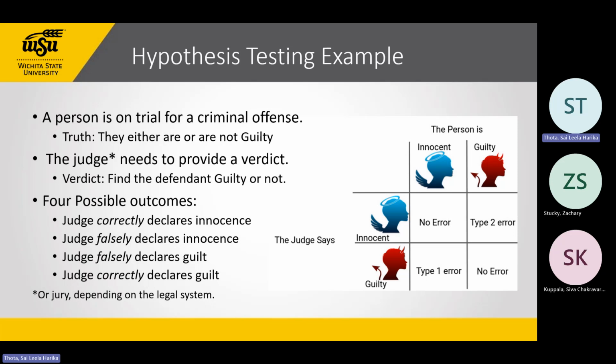In the previous example, we discussed that there are two cases in hypothesis. One is null and the other one is alternate. For example, let us consider one person hit the car and he went to the court, and the judge says he's guilty, and the real thing is he did the crime, right?